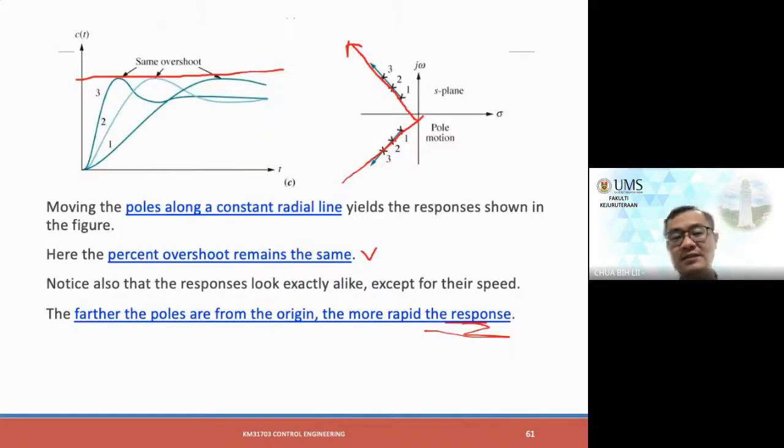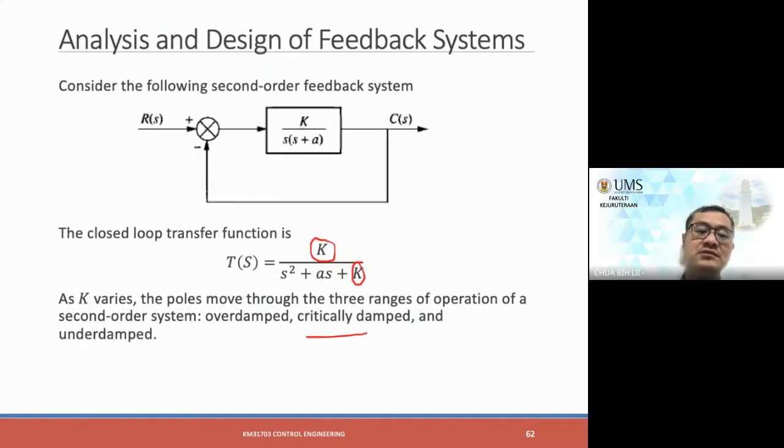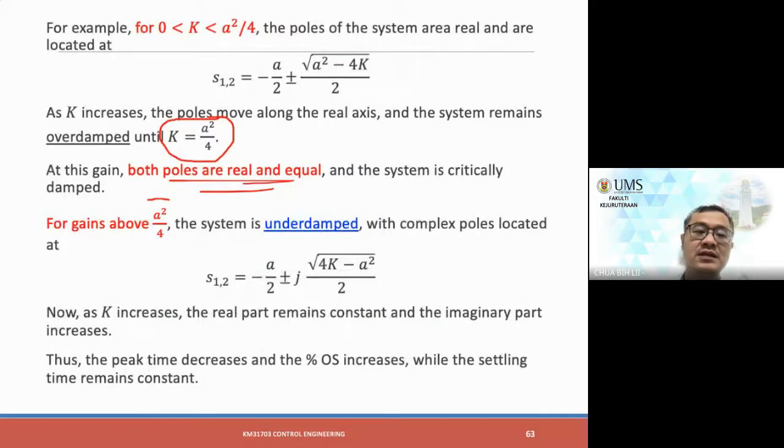After you understand this one, then read through it. There is nothing much over here. We will only consider this when we start to do the design later on, just a brief idea on how they are related with all the K and so on.